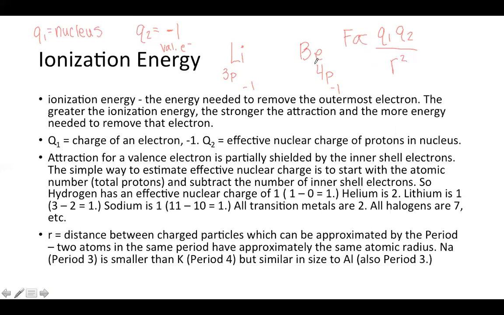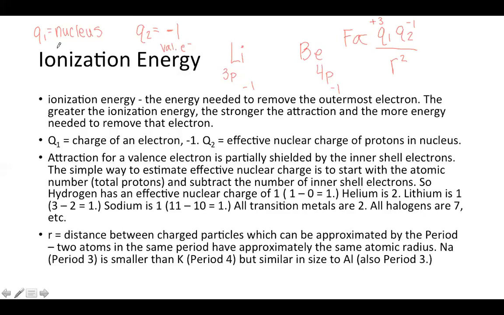For lithium, our Q1 would be +3 and Q2 would be -1. That's going to give us a smaller value up top than if we were looking at beryllium. So that means the attractive force from lithium's nucleus to its valence electron is less than the attractive force from beryllium's nucleus to its valence electron. So beryllium, with the greater attractive force, would have the larger ionization energy.